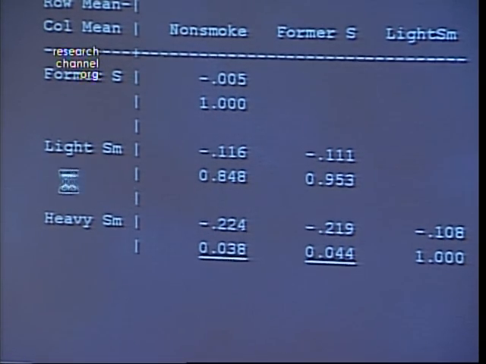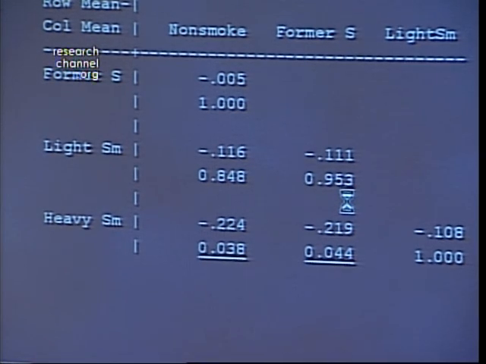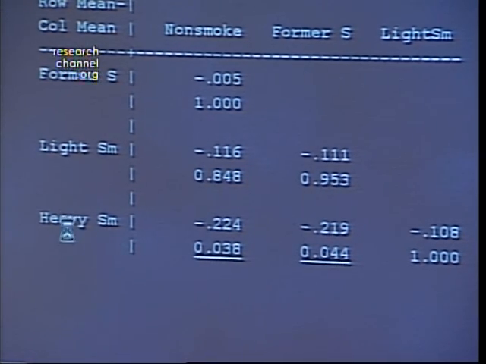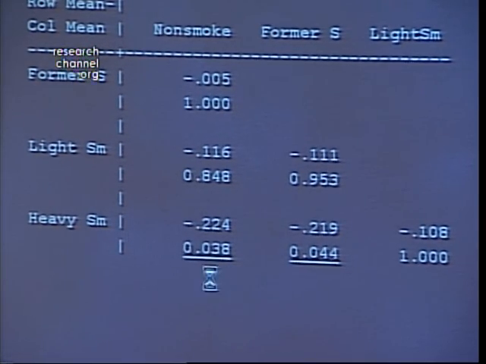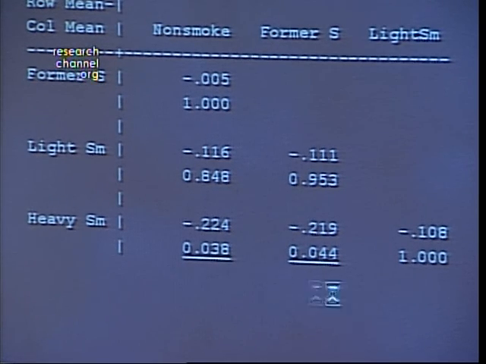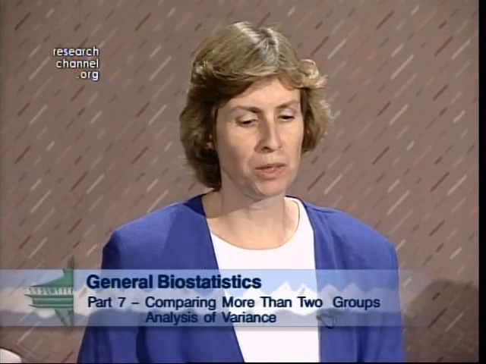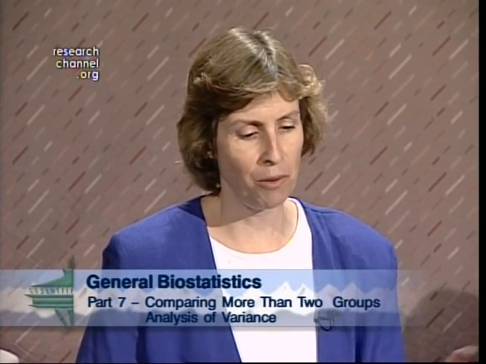What's a comparison of light versus non-smokers? Again, the p-value is not statistically significant. Light versus former, the p-value of 0.953 is not statistically significant. But you'll see in the comparison of heavy smokers to non-smokers, the p-value is less than 0.05. As well, comparing heavy to former, the p-value is less than 0.05. So I'm hoping to show you with Stata another way we can interpret this.